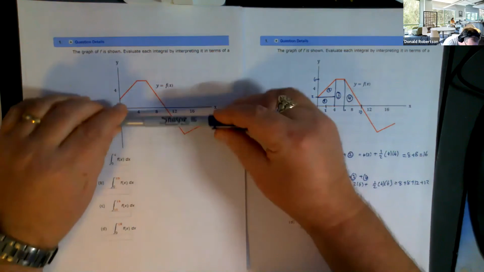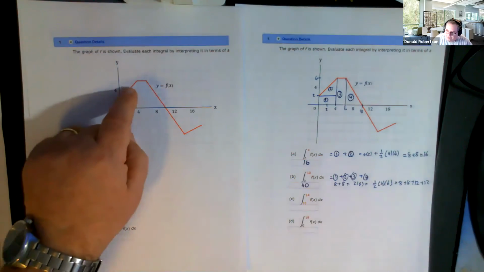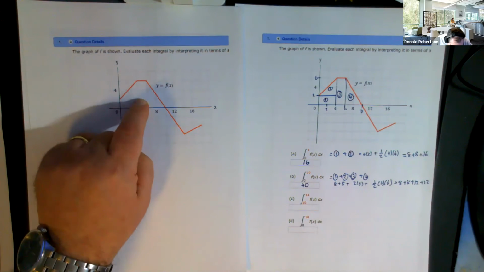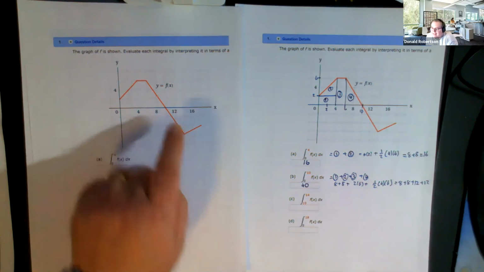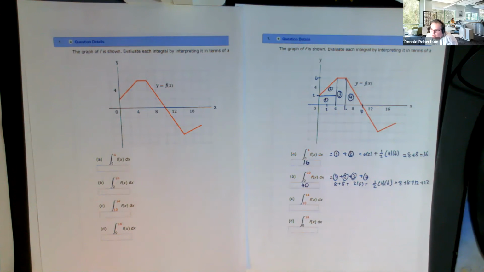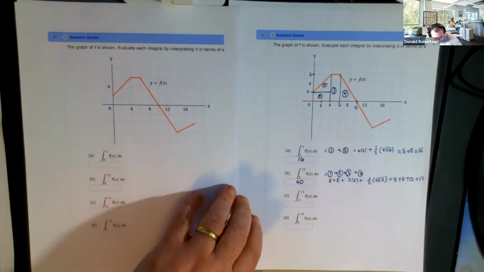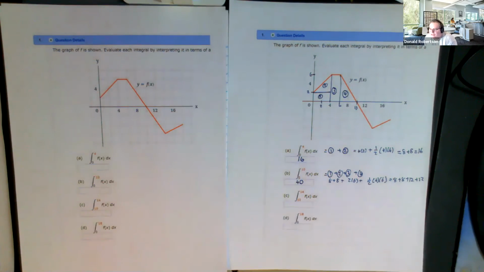Any area above the x-axis gives you a positive area. Any shape or curve that's below the x-axis gives you a negative area. I know you were told you can't get negative areas. Technically speaking, these areas that we're calculating are not just physical areas, they're really net areas. And net areas means negatives are allowed.